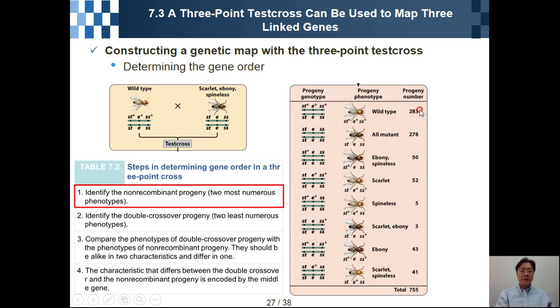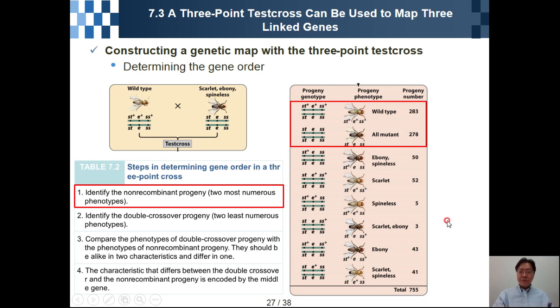The most numerous phenotypes are this one, 283 and 278. This is the wild type, and this is the all mutant. So these two are the non-recombinant.